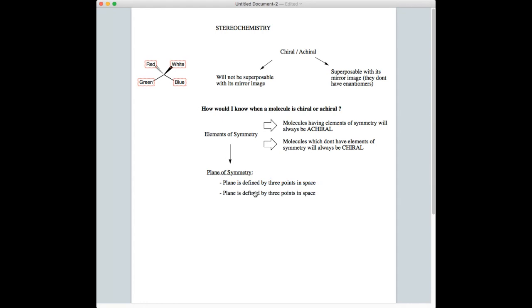The plane of symmetry is a plane which divides a molecule in two sections, one being the reflection of the second one, or the mirror image. So that's the definition of a plane of symmetry.